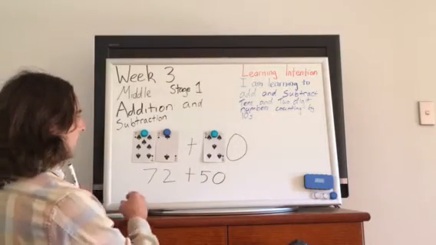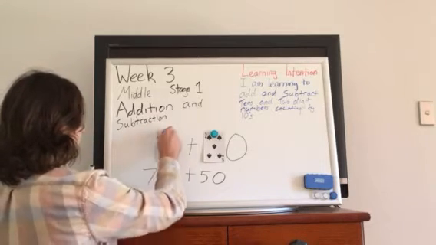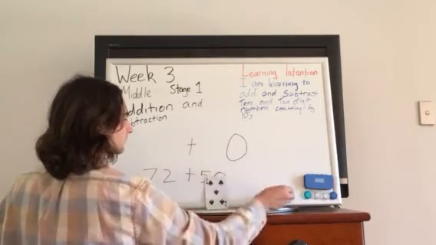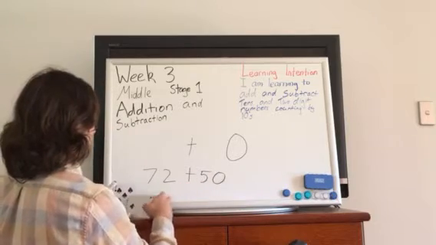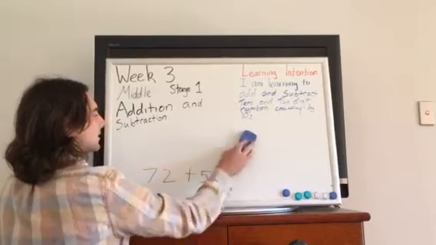Now, I'm going to take down my cards now. And I'm going to write my equation up the top so that I can write my number line underneath.